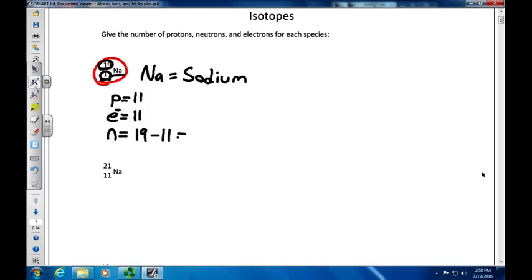So the only thing left would be neutrons, and in this case, that means that neutrons equal 8, because there are 19 total particles, 11 protons, and therefore the remainder is 8, and that can only be neutrons.